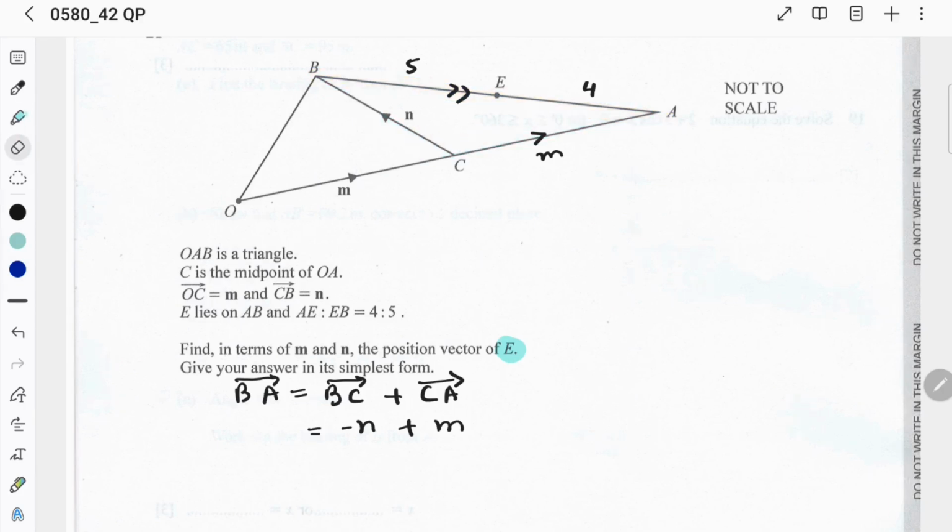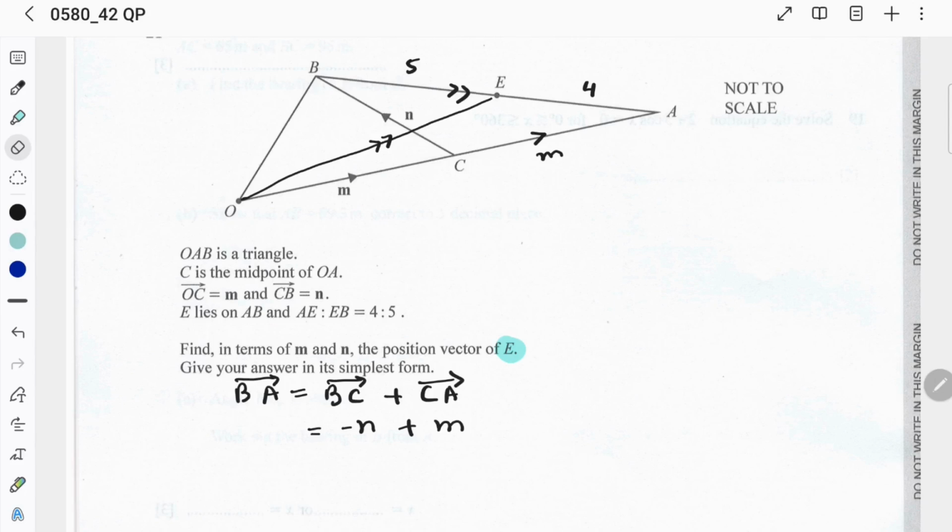We can go like O to A, then A to E, or we can go O to C, C to B, and B to E also, because we have found BA. So it means BE and EA, it's easy for us to find. So it's very easy to find out OE.